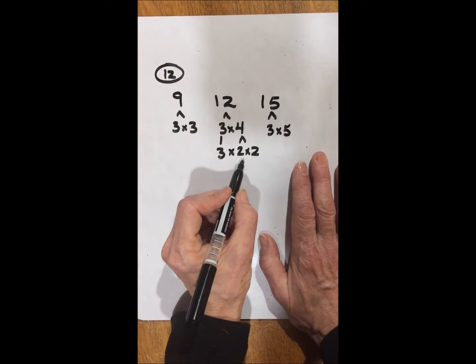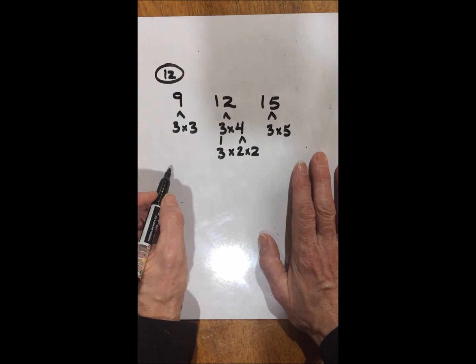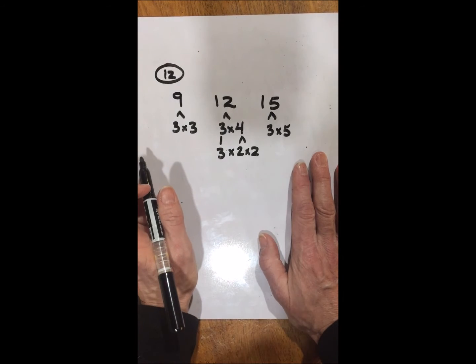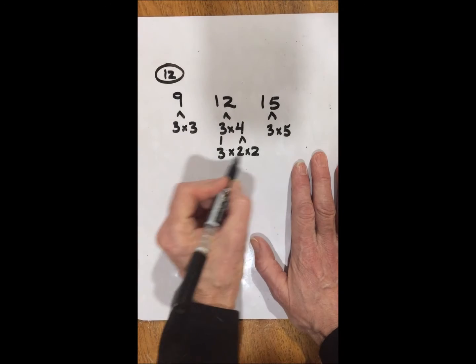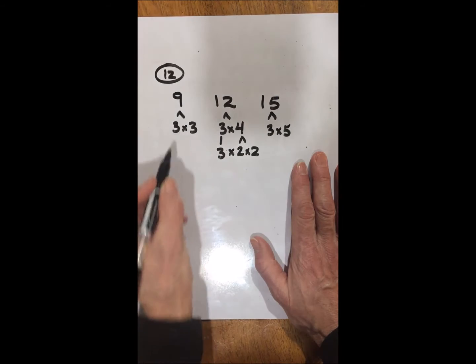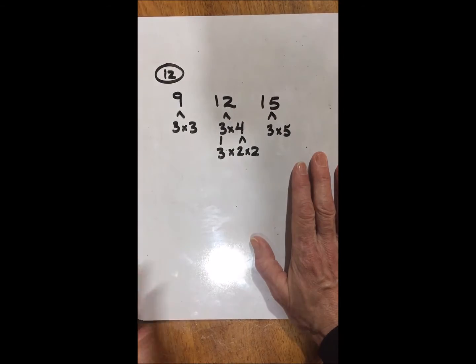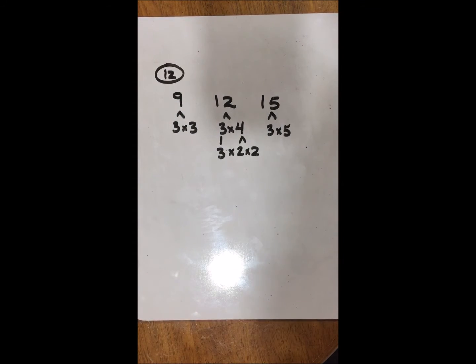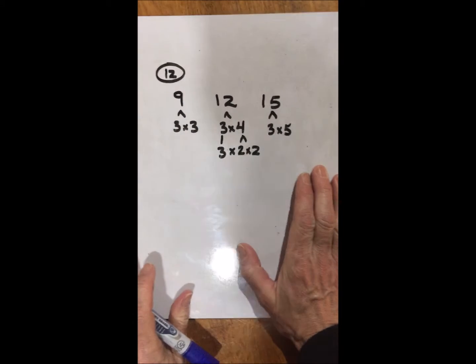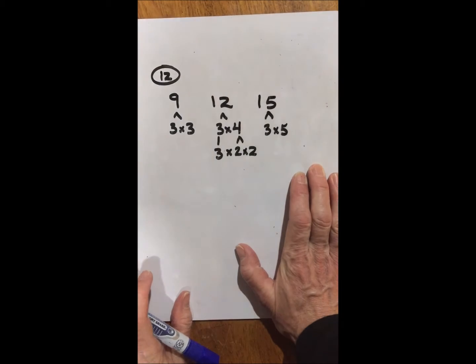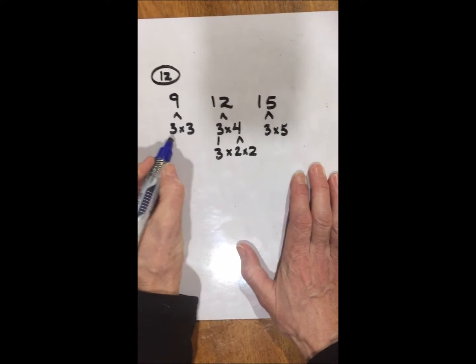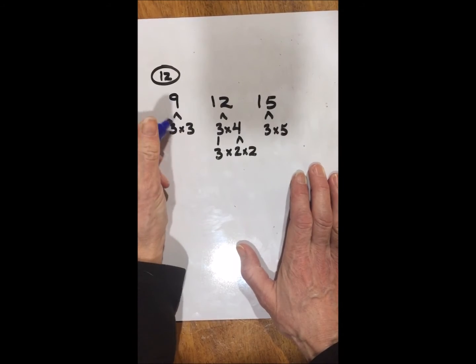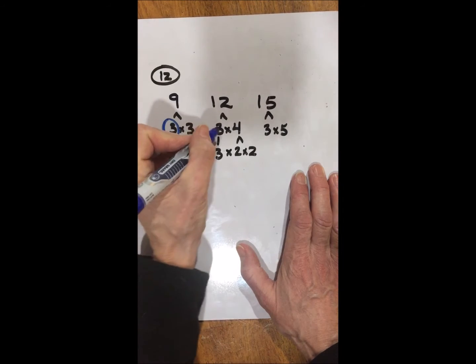So here we go. I sort of like seeing them sideways like this, horizontally. So let's see if we could do it this way and find the ones that need to be rewritten. Okay, looking across, what do they have in common? They all have a 3 for sure, so I think I'll circle it.